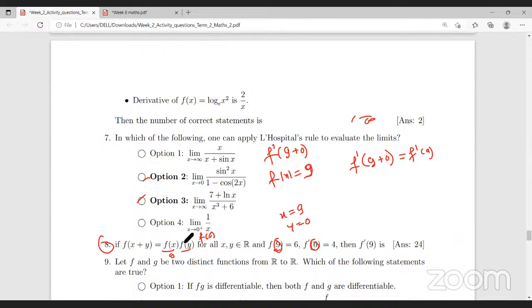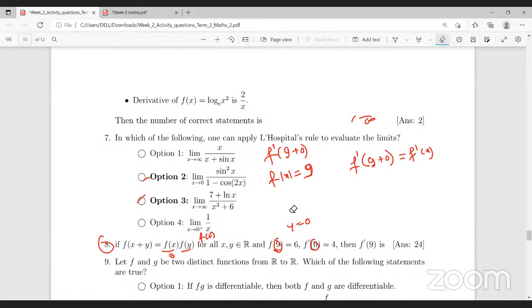Can you please do that math stepwise? I'm also thinking. We are given only two values, f of 9 and f dash of 0. I think f of 0 should be given there; something more should be given. Sir, it will be solved, f of y is equal to 1 from this statement. Yeah, wait, I'm writing it down. So f of y means f of 0.